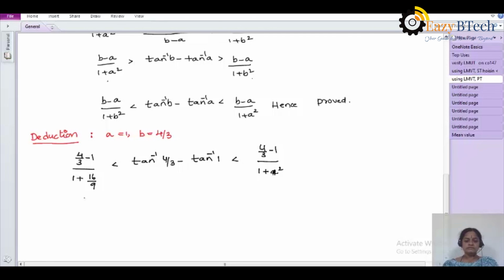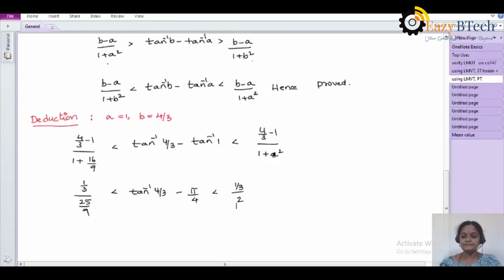Then 4/3 - 1 is 1/3, and taking the LCM as 9, 9 + 16 is 25/9. So 25/9 < tan⁻¹(4/3). The value tan⁻¹1 is π/4, since tan 45° is 1. Then (1/3)/(1 + 1²), where 1 + 1 is nothing but 2.